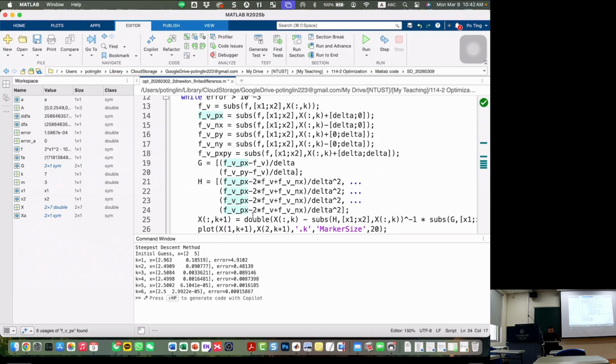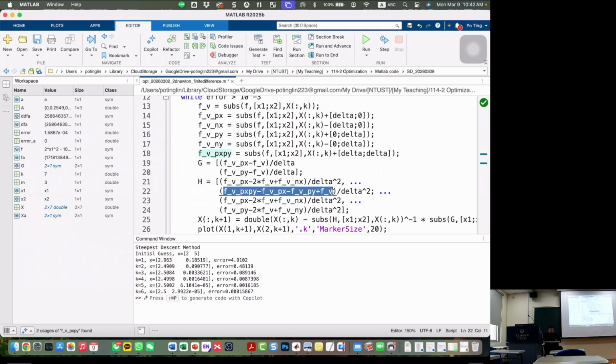For the last term, it should be y, right? And these two will be the off-diagonal terms. For the off-diagonal terms, I will need this guy minus the positive ones, px and py, plus the original one.